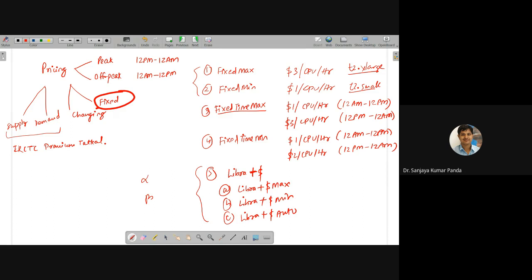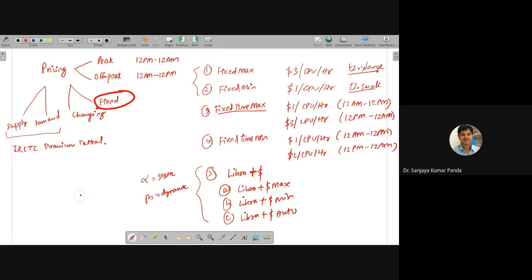It is the most complex task also. How will you do it? Based upon this alpha and beta factor. What is the alpha factor? Alpha is a static factor. Beta is a dynamic factor. Or you can say one is the static component, another is the dynamic component.